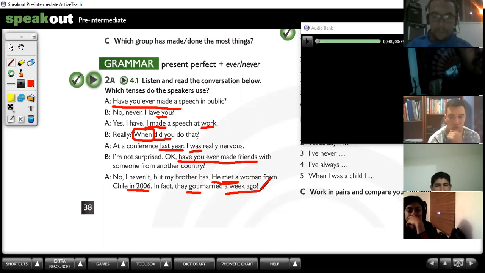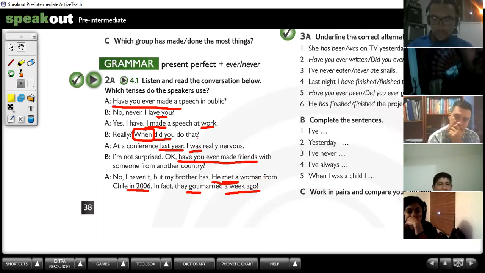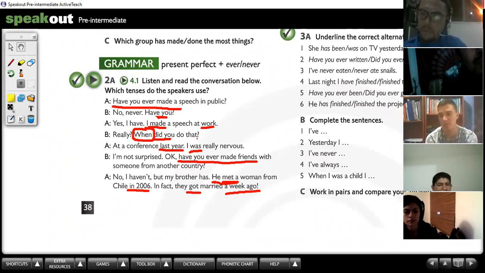So we can use the present perfect to talk about experiences when we are not being specific about the exact time in the past that it happened, right? And somehow we are connecting past with present, during the whole period since I was born until now, okay?